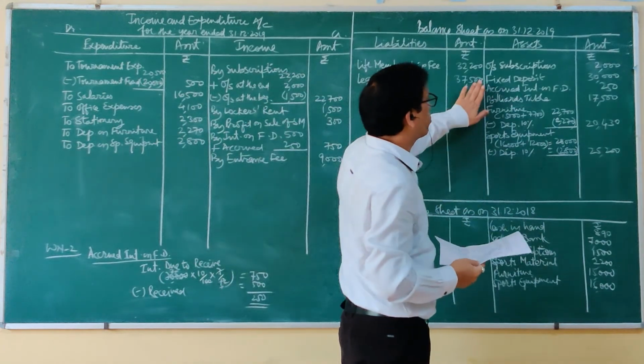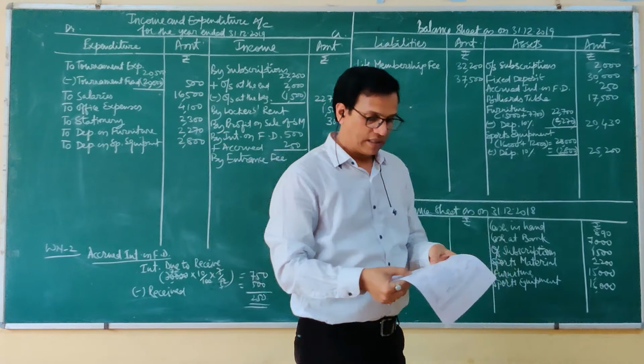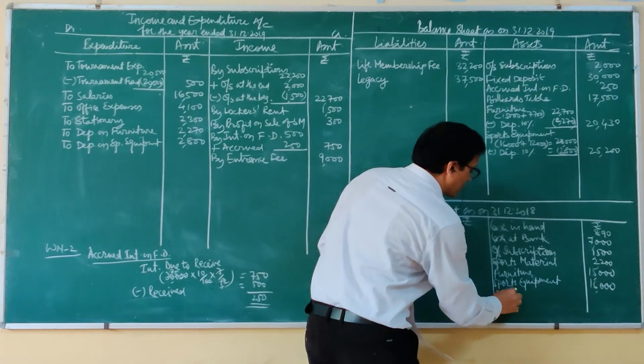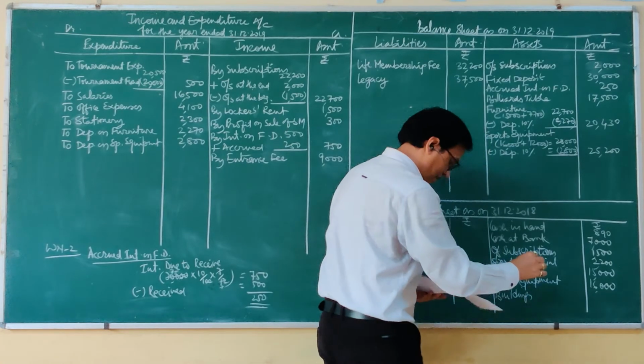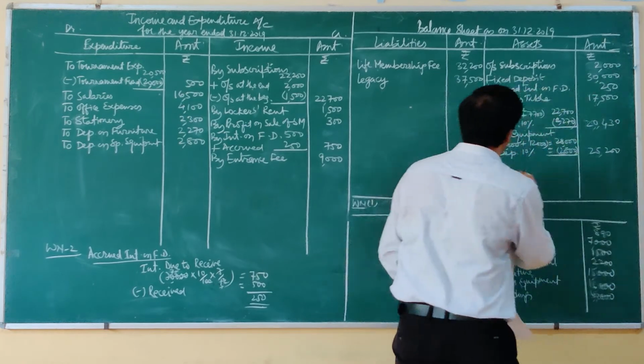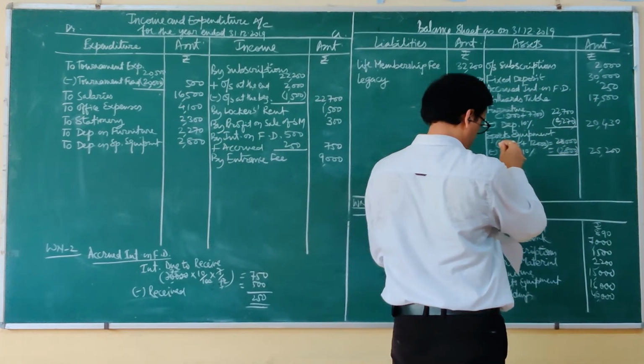Fixed deposit we have already written. Then closing balances, and before that, one more item in the opening balance sheet: building. From the adjustment, building is 40,000, and this building we will take here also as it is, and depreciation also to be charged on this building.